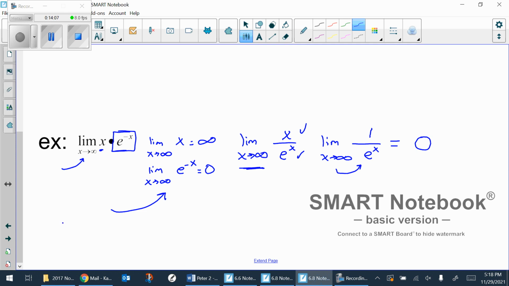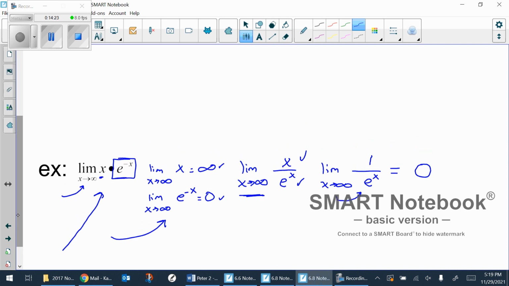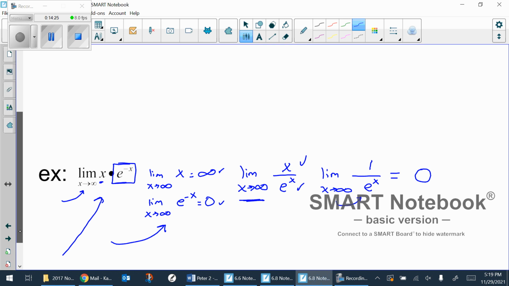I haven't seen one of these on an AP exam, but I can't say it'll never happen. But if you do have a limit that approaches 0 times a limit that approaches infinity, we've got to turn it into a fraction. Not difficult to see how to do that in that final example.